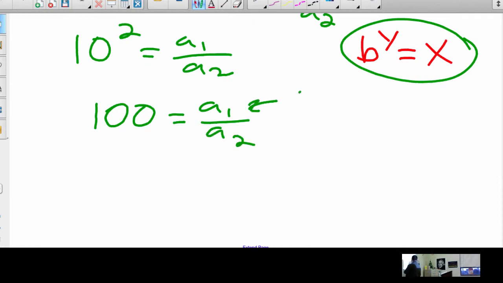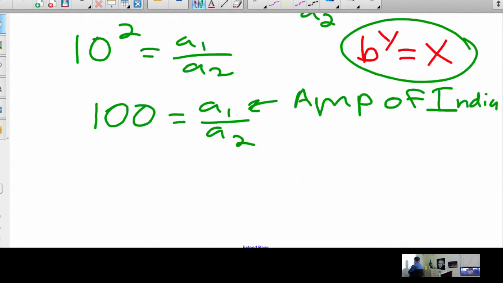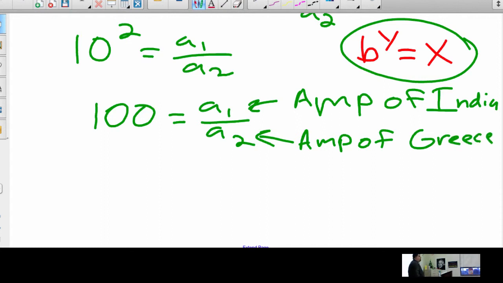Now remember, this is the amplitude of India. There's an earthquake in India. And this represented the amplitude of the earthquake in Greece. What is that saying?